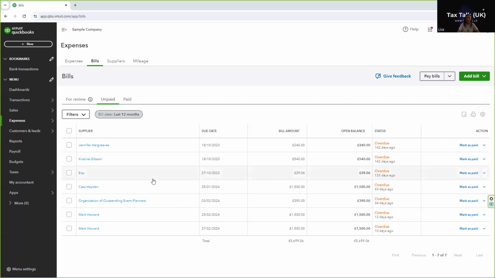They are outstanding. You have entered that purchase invoice, and by using the bill function in your QuickBooks software, you've entered that bill. So at this point in time, you've still got the money, you've got the purchase invoice, and you have accounted for that expenditure in your profit and loss.